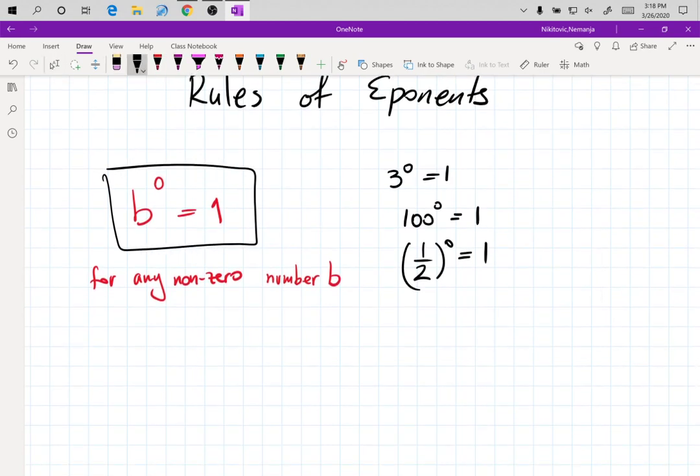Even if you have a more complicated expression raised to the 0, it's still going to give you 1. It's a very convenient rule, right? It's called the zero exponent rule, and you are memorizing that formula. You are going to say a non-zero number raised to 0 gives us 1.